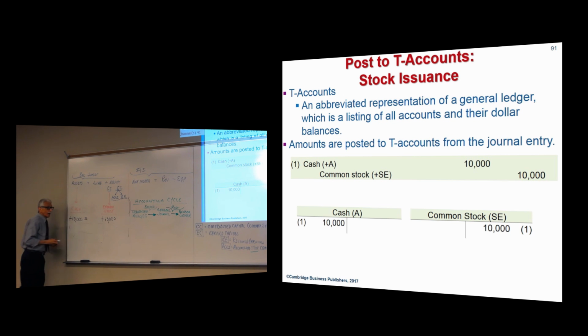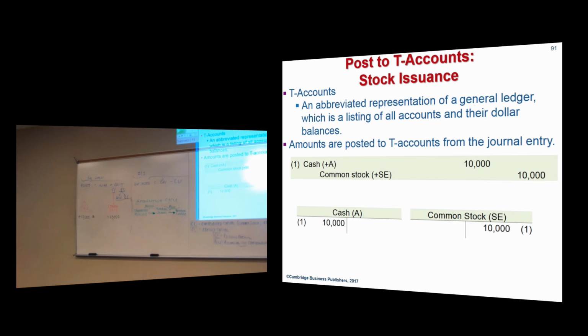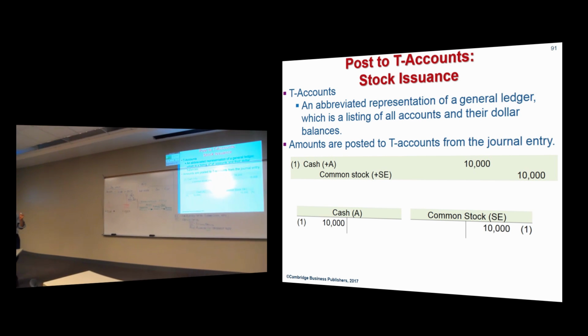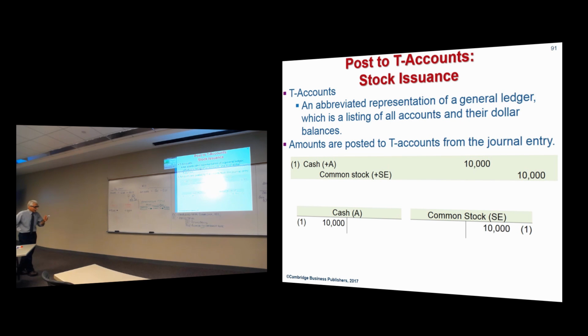Now, we're not going to be doing much with the T account, or with the equation, but we now will be using the journal entries. So, cash is an asset account. Assets increase by a debit. So I know I have to debit cash. Common stock is a stockholders' equity account.